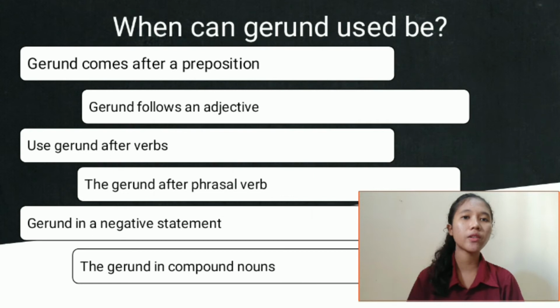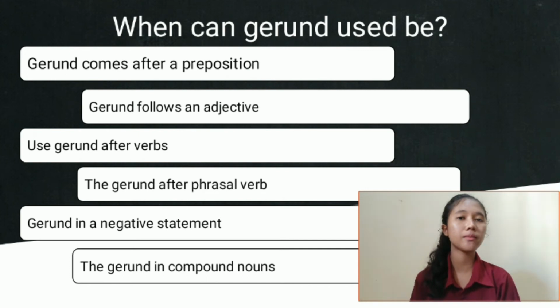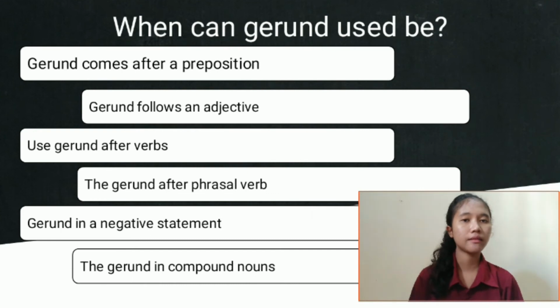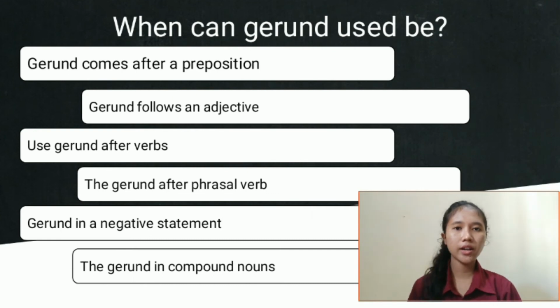The fourth is the gerund after phrasal verb. Some phrasal verbs must be followed by the ing form of the verb, which follows the noun, pronoun, preposition, or phrase. Adverbs and adverbial expressions can come between the phrasal verb and the gerund.